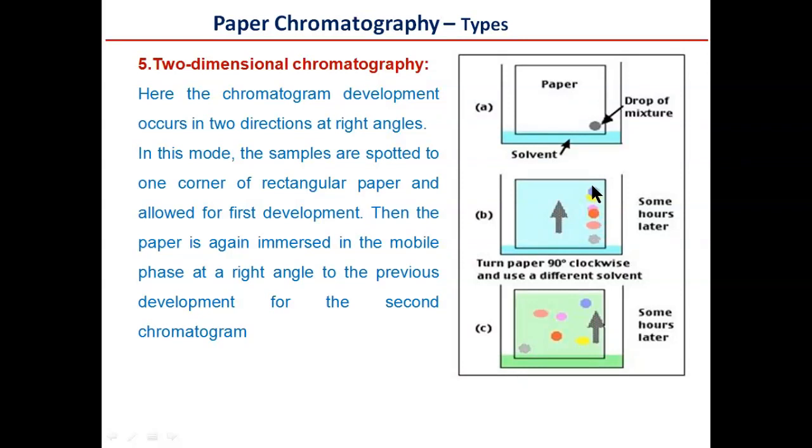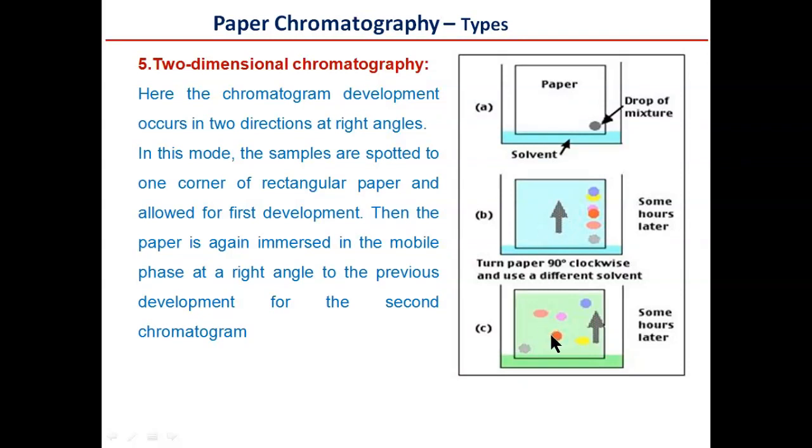After some time, we develop this one, just as we do in the ascending paper chromatographic technique. For the second one, we turn this paper 90 degrees clockwise, and again we use a different solvent to develop it. So some of the spots move again, and here it comes.